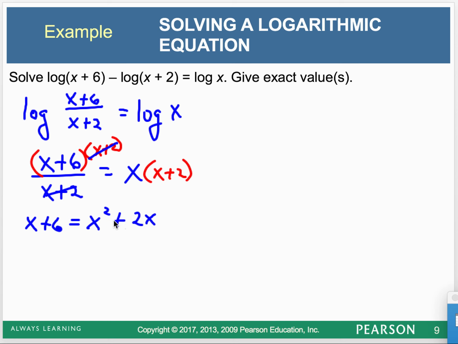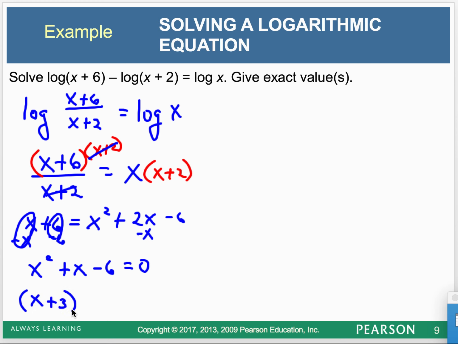Oh, it's a quadratic. So let's set it equal to 0 and try to factor it. Minus x, so that's gone. Minus 6, so that's gone. So x squared plus x minus 6 equals 0. So two numbers that multiply to give negative 6 times 1, negative 6, and add to give positive 1.